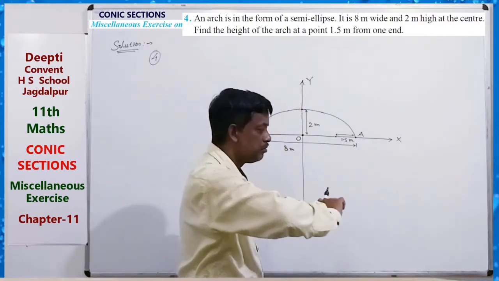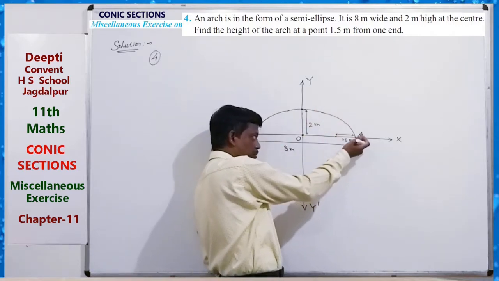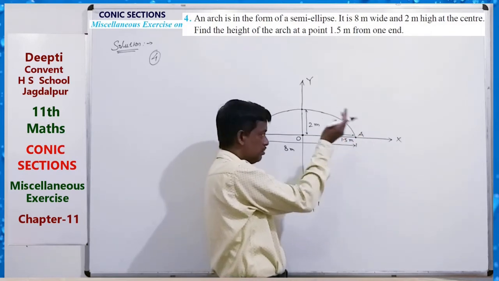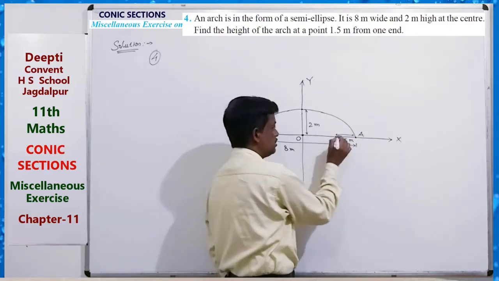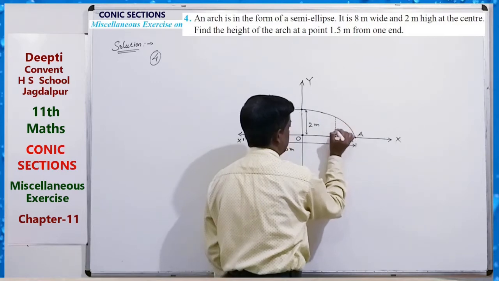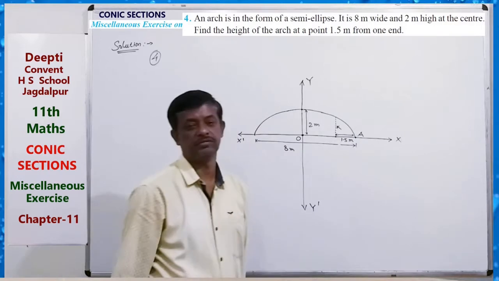We have to find the height of the wire at 1.5 meter distance from one end. Suppose from this end, so this is the height. This is our required value.